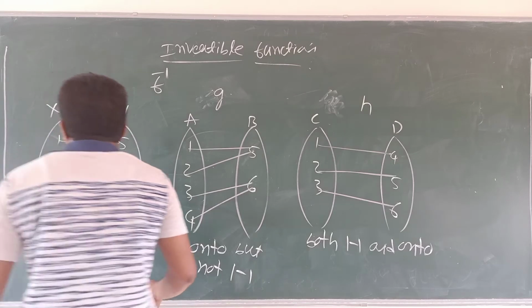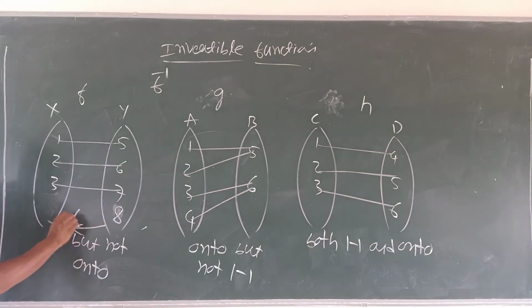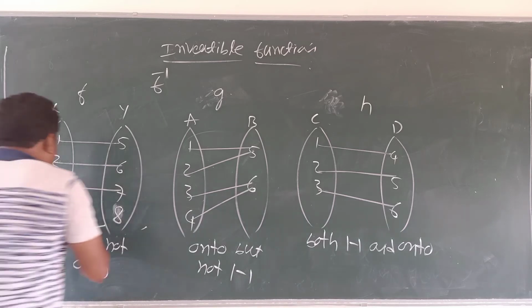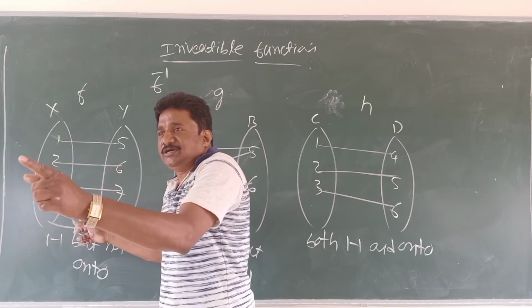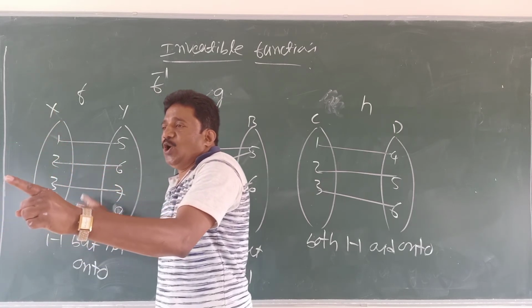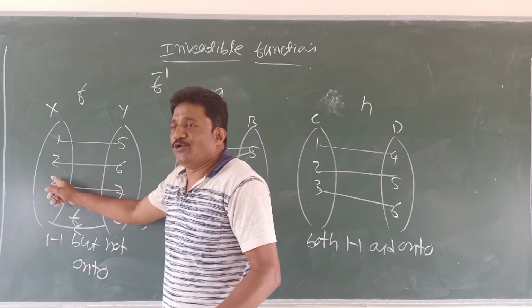If I go for reversing this, F inverse, from Y to X, it won't become a function. Why is F inverse not a function? Define function: a function must relate all the elements of the domain with one and only one element of the codomain.